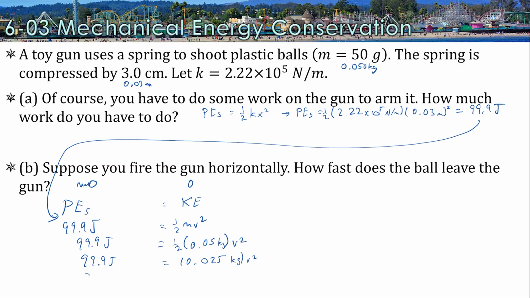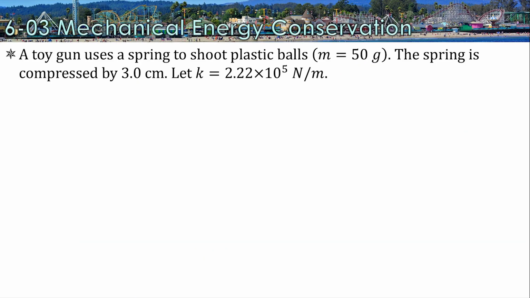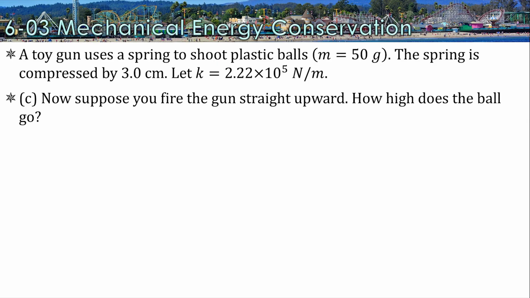You get 3,996 meters squared per second squared. Square root that answer, and we'll have 63.2 meters per second for our speed. That's moving very quickly.